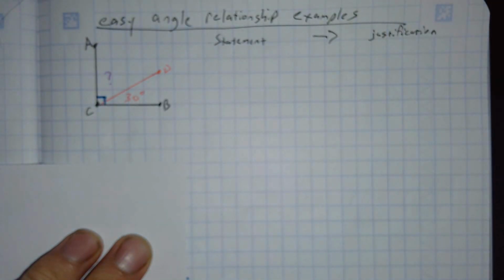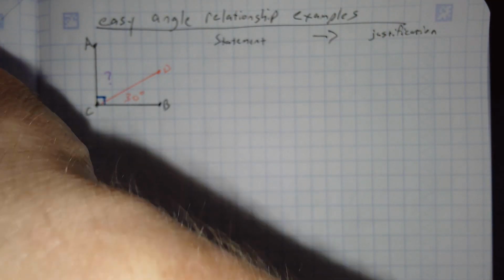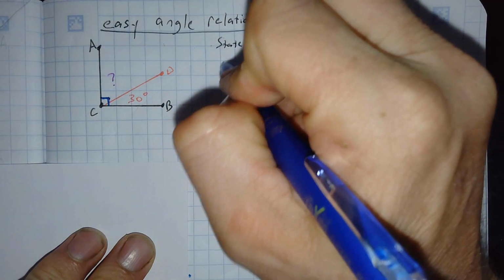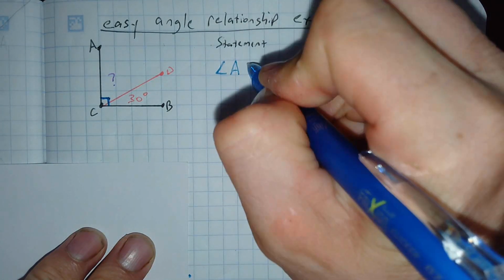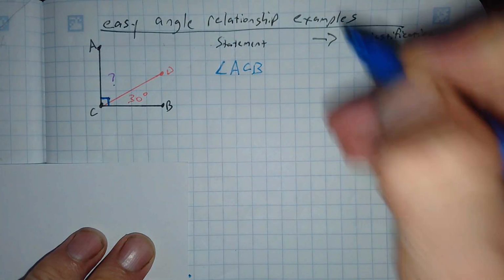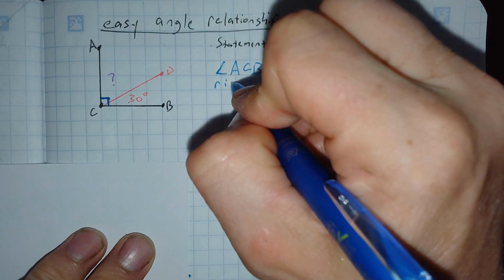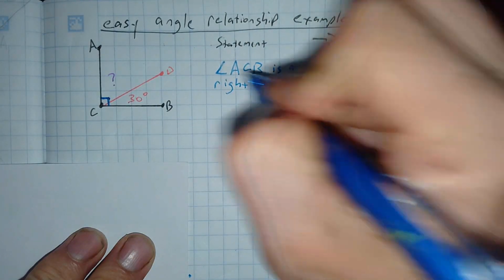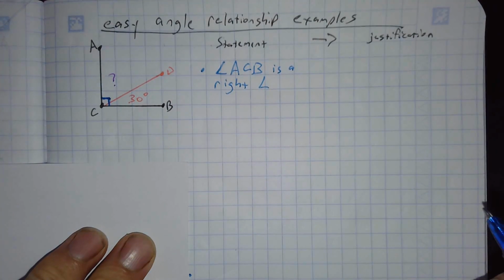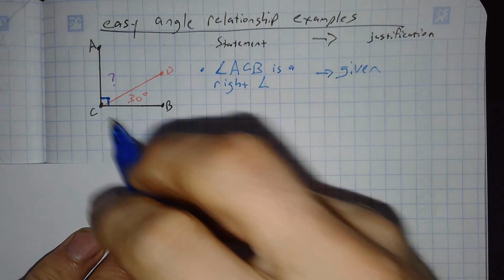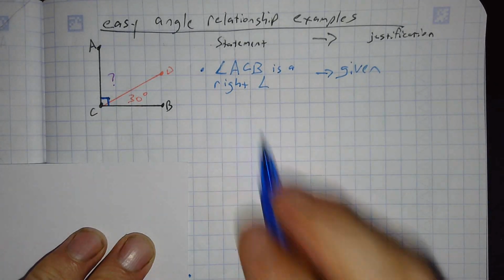This little blue square indicates to me that angle ACB is a right angle, because that is given to me with a symbol.